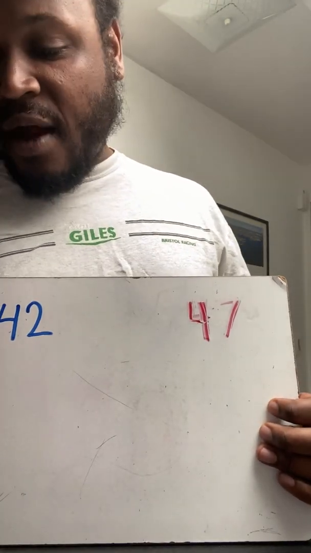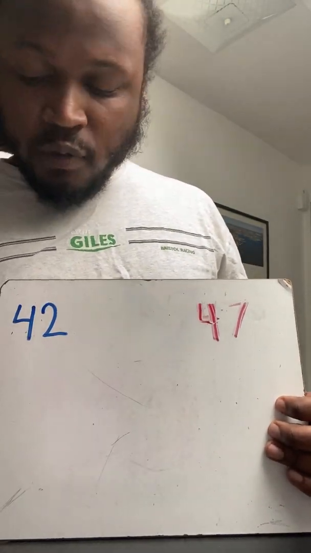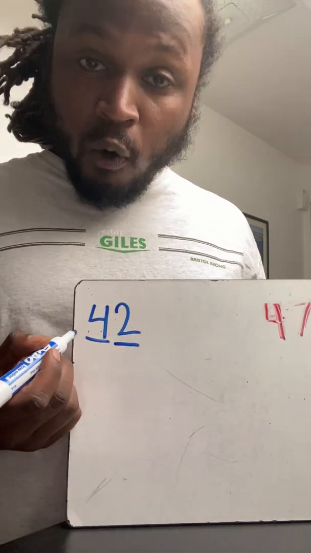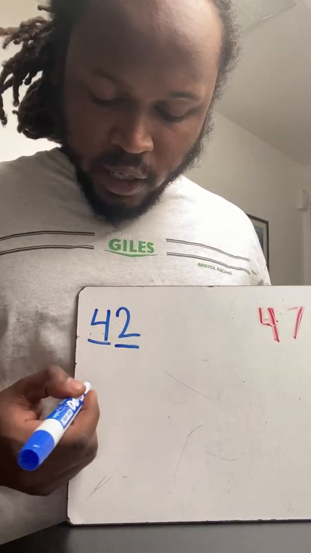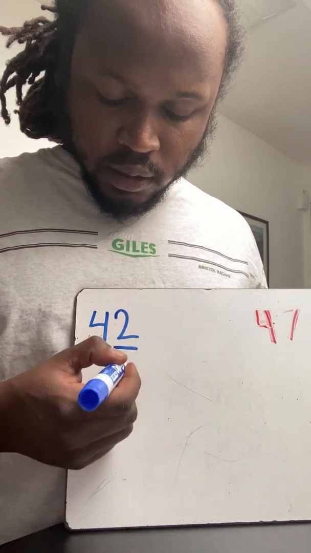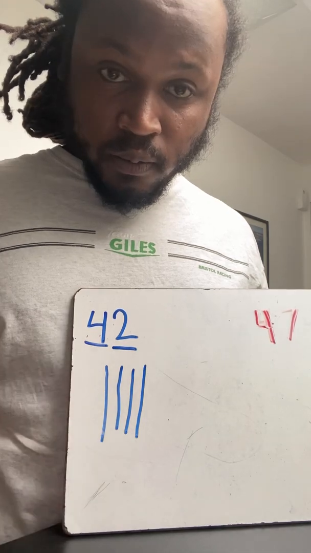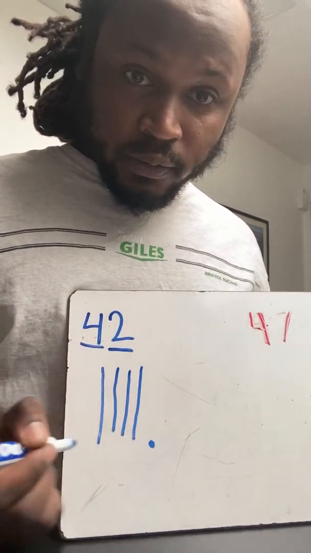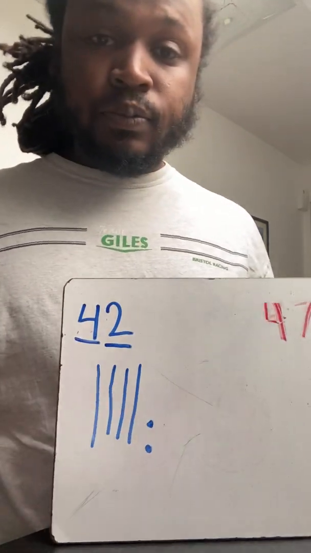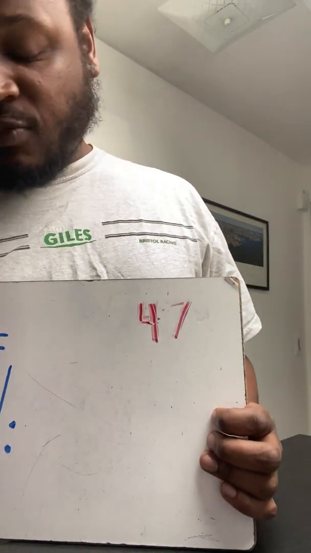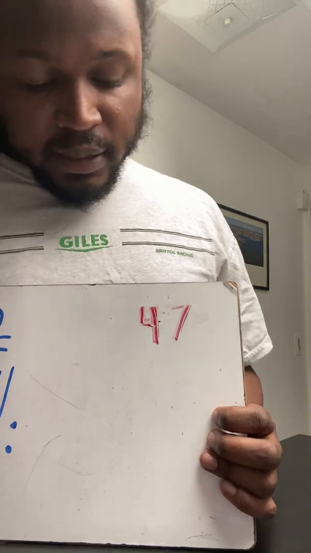Before we compare the two numbers, we have to build them. All right. So I'm going to build 42. 4 tens, 2 ones. 10, 20, 30, 40, 41, 42, right?